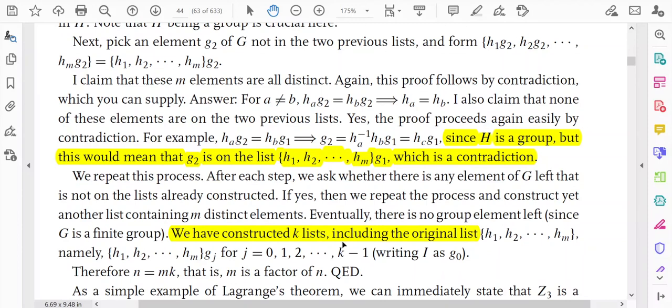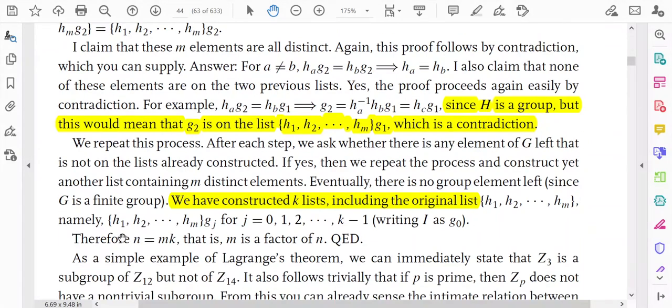Suppose we have constructed k lists including the original list, that is h1, h2 up to hm. This was the original list. So we can write it in general form: h1, h2 up to hm times gj, where j is equal to 0, 1, 2, in this way up to k minus 1.